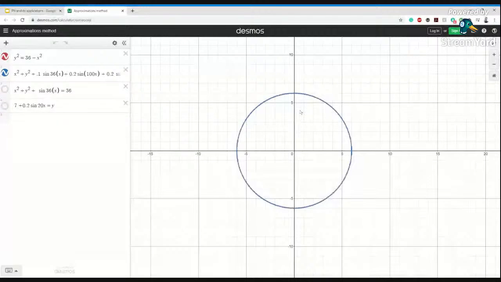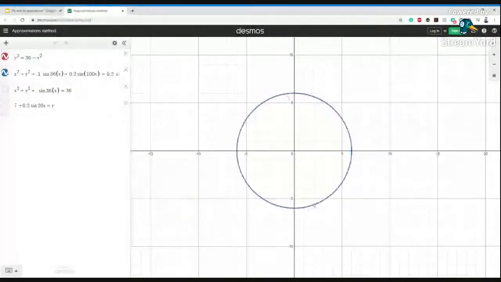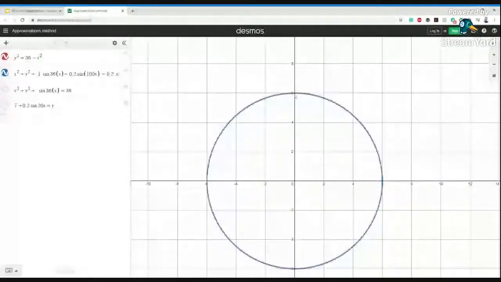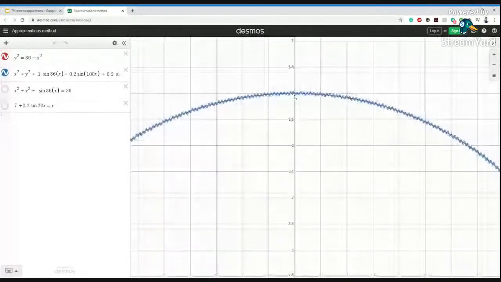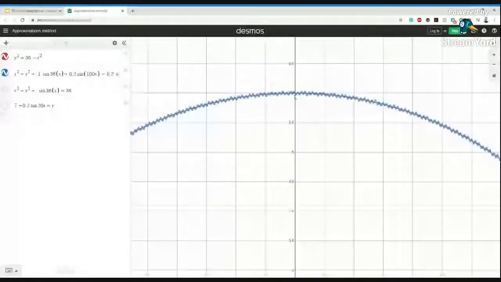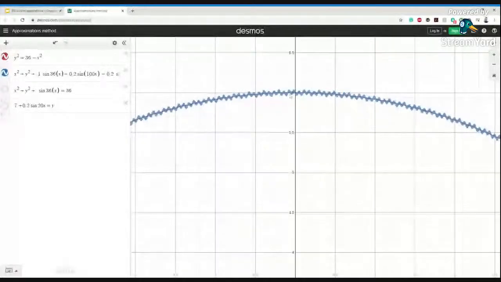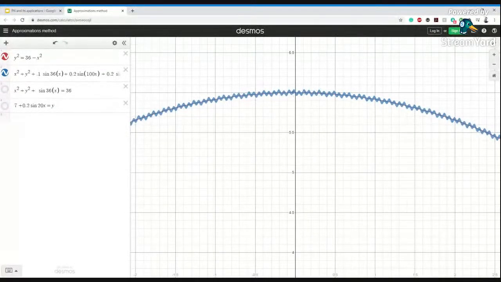So we see that this is almost a circle, right? This is almost a circle. Now, if I were to zoom into this, I see that there are some disturbances. These disturbances can be called first order disturbances. I mean, there is disturbance in the normal circle.